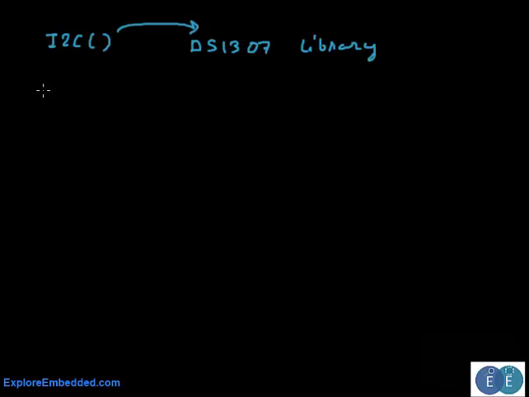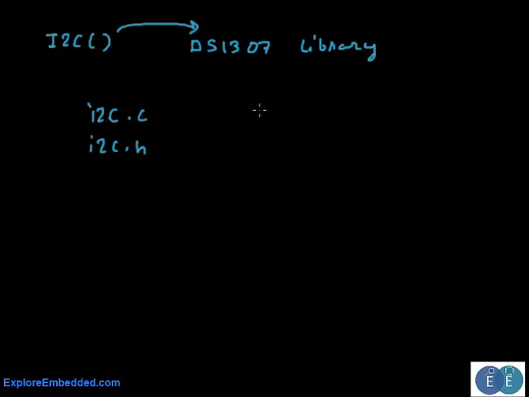Since I2C is used by many ICs, this separates I2C from DS1307, so that any other peripheral which works on I2C can also make use of the I2C library. I2C.c contains all the library functions which implement the I2C protocol, and I2C.h is the header file which shows all the function prototypes in I2C.c.